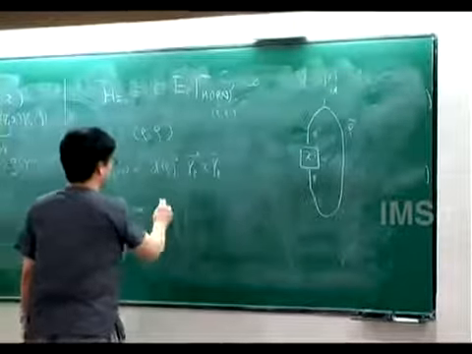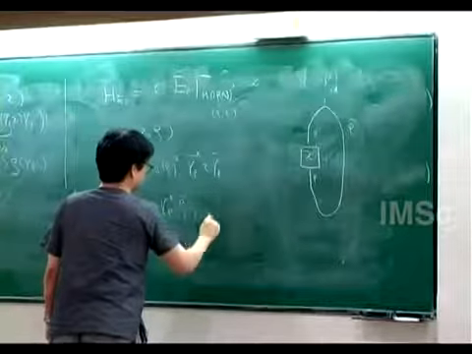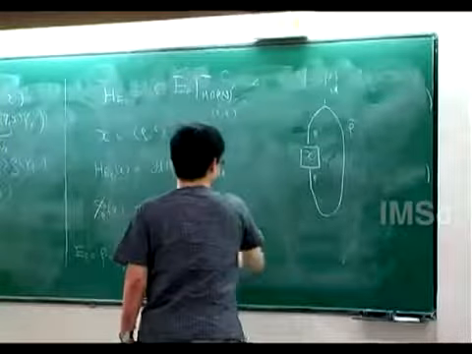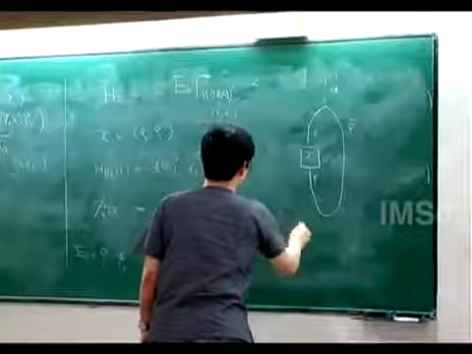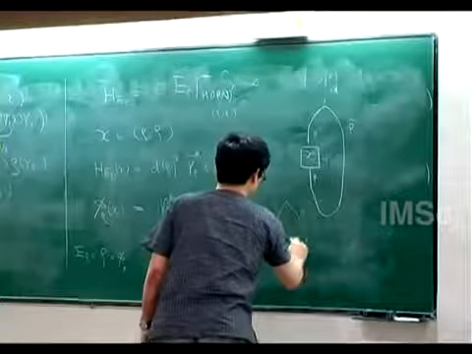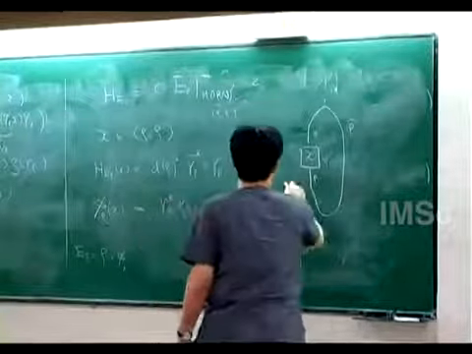Then this is rho bar x rho. So this corresponds to, first this into one account, rho bar rho. Then you have x.